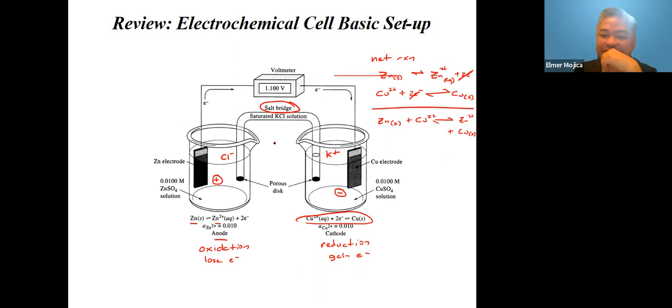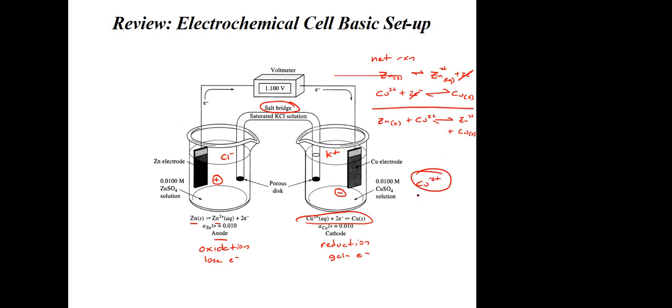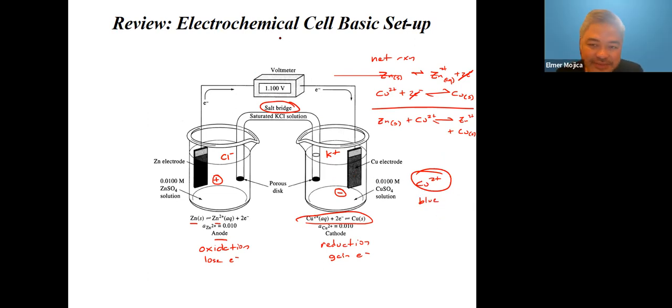Now, if you're going to allow the reaction to happen, ano yung ma-observe nyo? So usually, yung copper sulfate, ano yung itsura niya? What is copper 2+? Usually, what color is it? Blue po. Blue. So what do you think happened if you allow the reaction to proceed? So from time, ano mangyayari doon sa zinc metal?